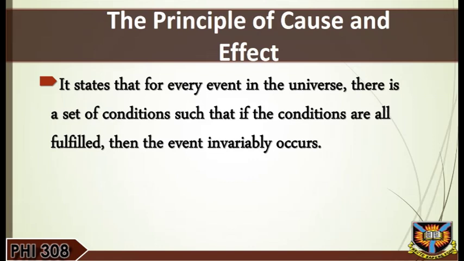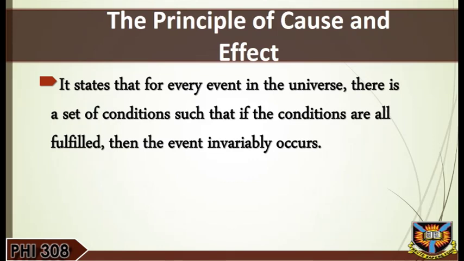The principle of cause and effect states that for every event in the universe, there is a set of conditions such that if the conditions are all fulfilled, then the event invariably occurs. Put differently, the principle states that for every event B in the universe, there is always a cause A, such that B can always be explained by reference to the activities of event A. This is the principle that underlies the method of explanation in science.